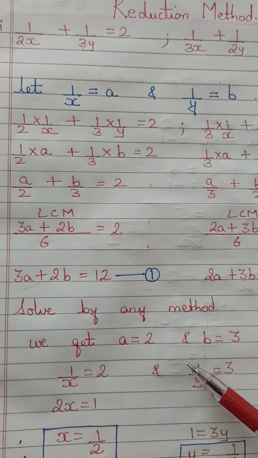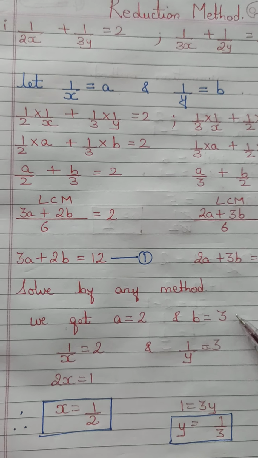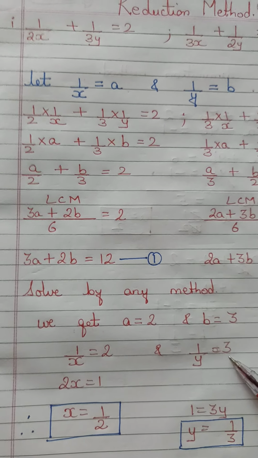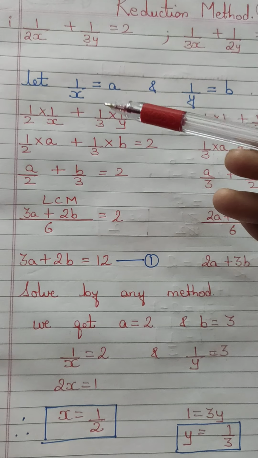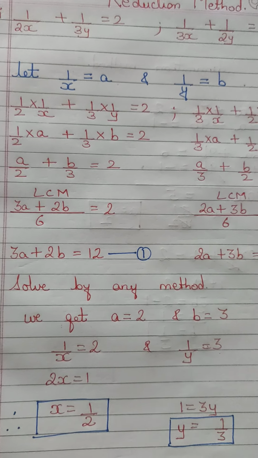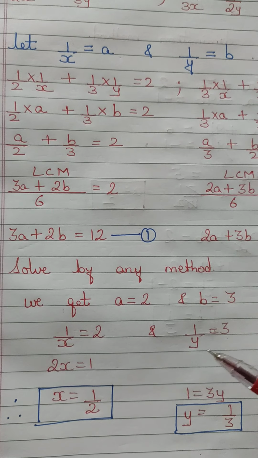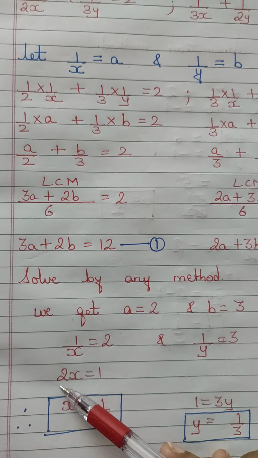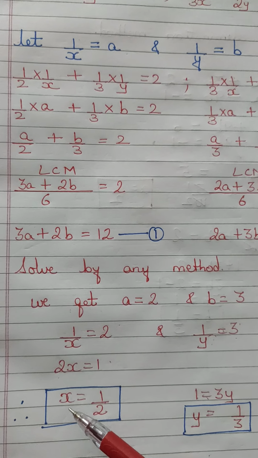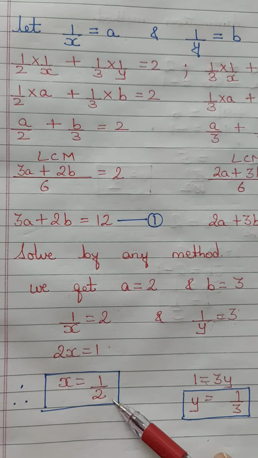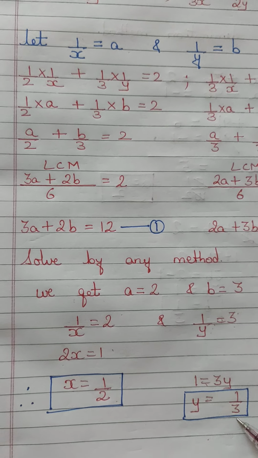Is it okay? 1 upon y is equal to b. What is the value of b? 3. So simply I have written the value of a and b where I had assumed that 1 upon x is equal to a and 1 upon y is equal to b. Understood? Now I'll cross multiply. 2x is equal to 1, 3y is equal to 1. And finally the value of x is 1 upon 2 and the value of y is 1 upon 3.